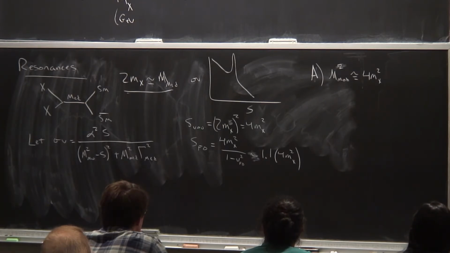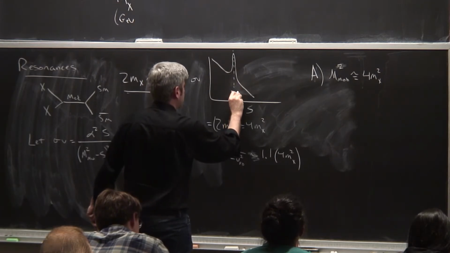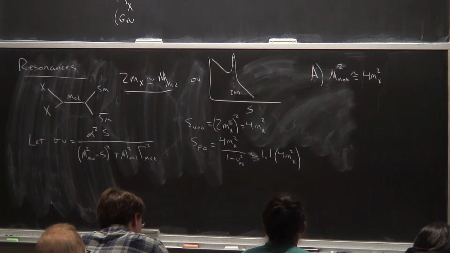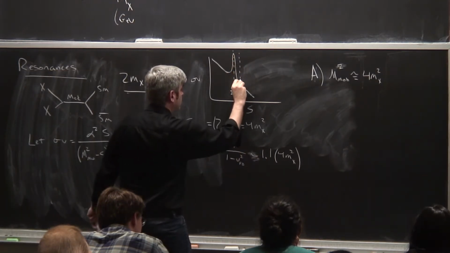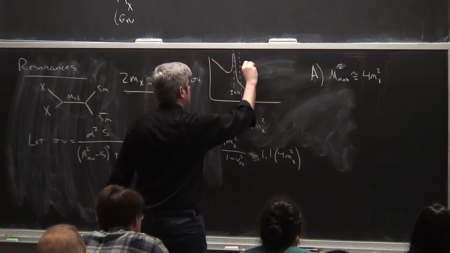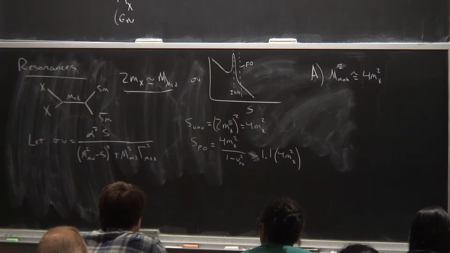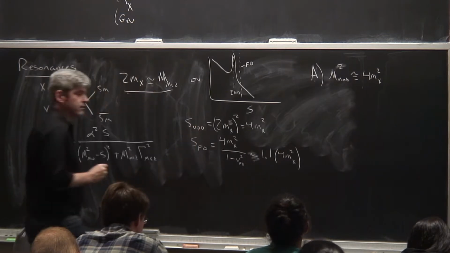In other words, today, for the purpose of indirect detection, you're right on resonance, and the cross-section will be big. But at freeze out, S was a little bigger, and the cross-section was much smaller. Yeah? V goes to 0. So that is relevant for indirect detection.